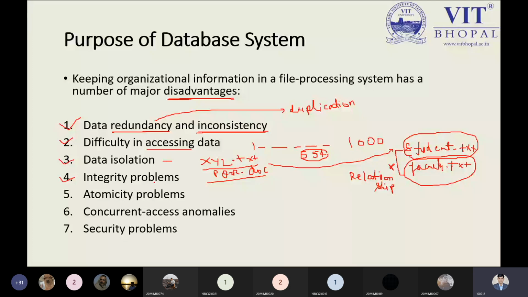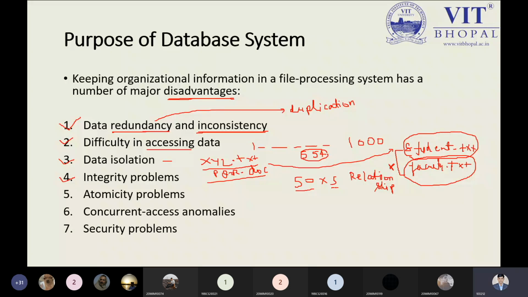Then I'm creating unnecessary duplication, putting the faculty name multiple times to assign students. It's a better idea to make a faculty database separately, where duplicacy cannot occur. Suppose we have 50 students taught by 5 faculty. How many records will there be?